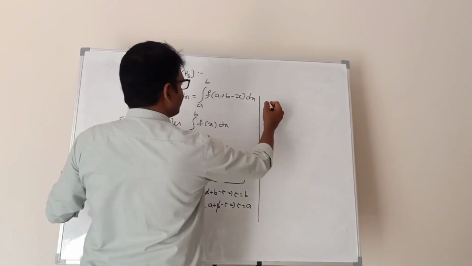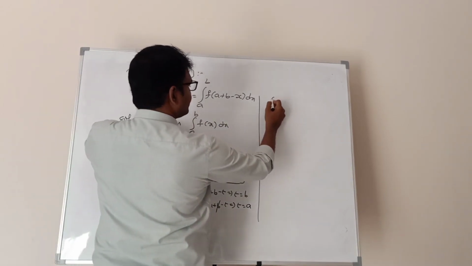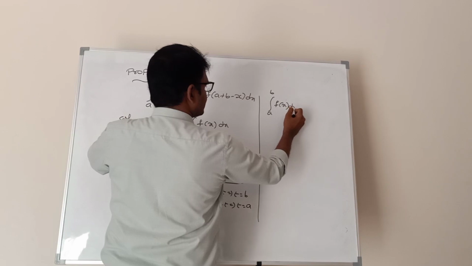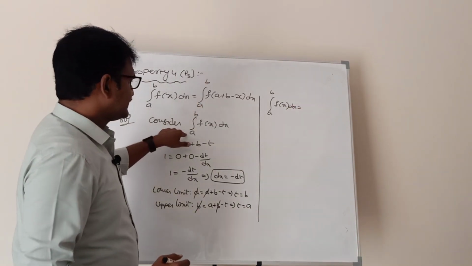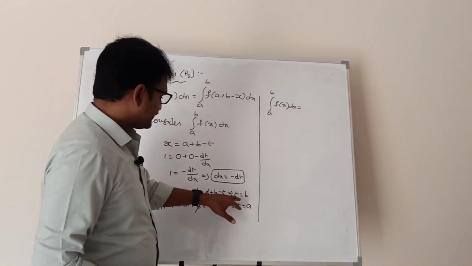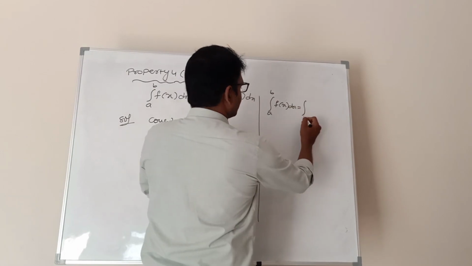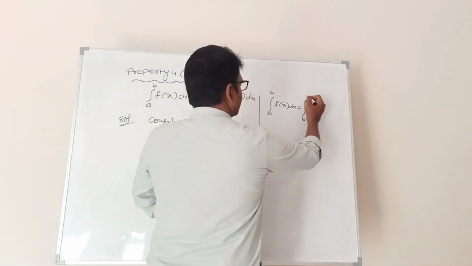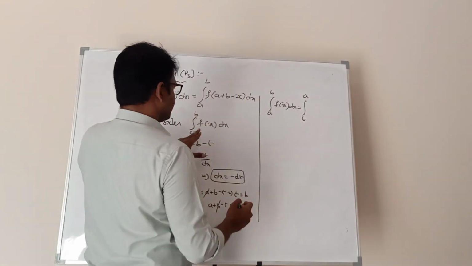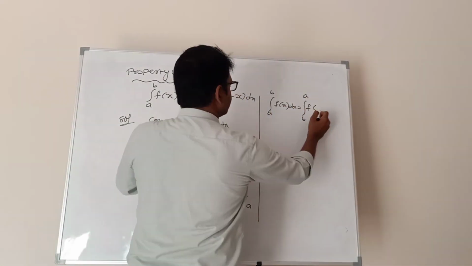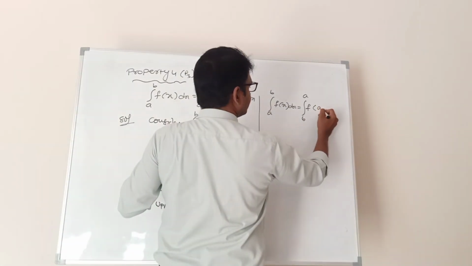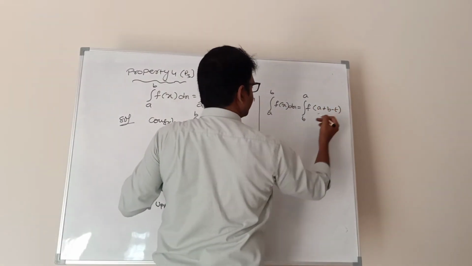Now replace every value in LHS. What is LHS? A to b f of x dx. The lower limit is now b and the upper limit is a. Next, in the place of x we replace a plus b minus t.